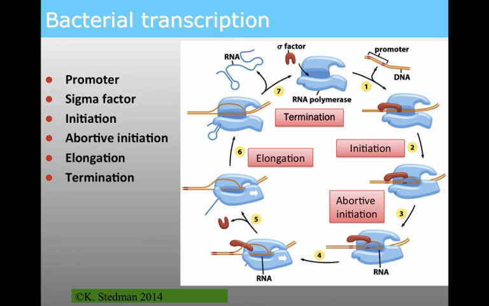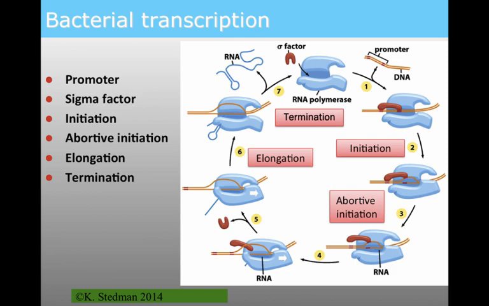Once it's bound, then you have the first really committed step in getting transcription to take place, which is pulling the two strands apart. This should sound really familiar as far as replication is concerned. That's that committed step, getting those two strands apart. But in the case of transcription, unlike replication, that helicase activity is due to the polymerase itself, at least for bacteria.